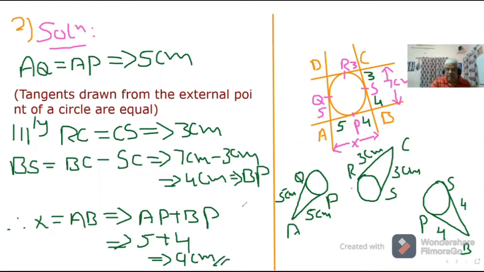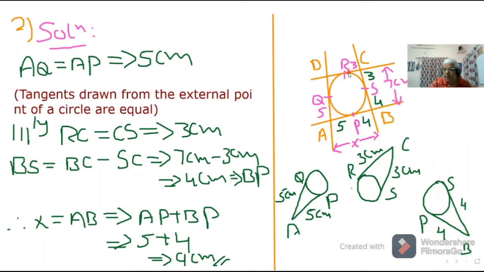My dear students, once again I repeat the explanation. Please concentrate. First, what I took, QA measurement and AP measurement are equal because A is the external point and AQ and AP are the tangents drawn from the external point A. Therefore, both of them are equal, so I took AQ and AP as 5.